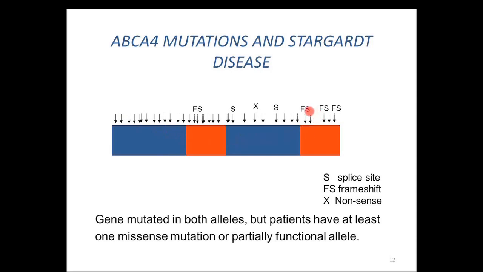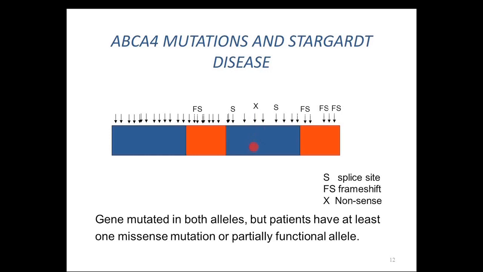Some were frame shift mutations where a few bases of DNA were inserted or missing. Some affected the splice sites. These are the regions of the gene involved in stitching the initial messenger RNA together. And a few mutations replaced an amino acid with a stop codon and would create a truncated protein at that position.